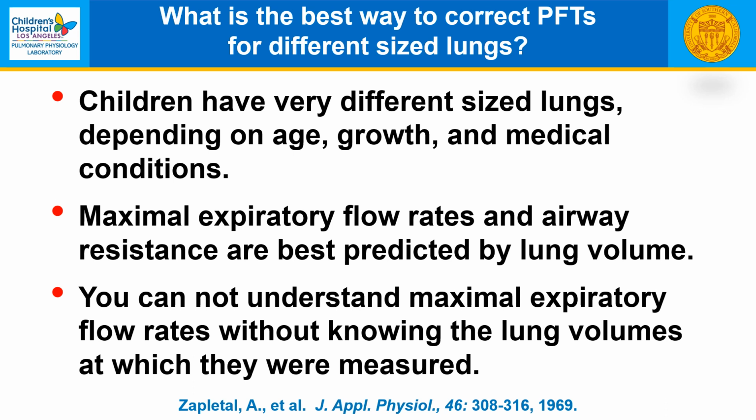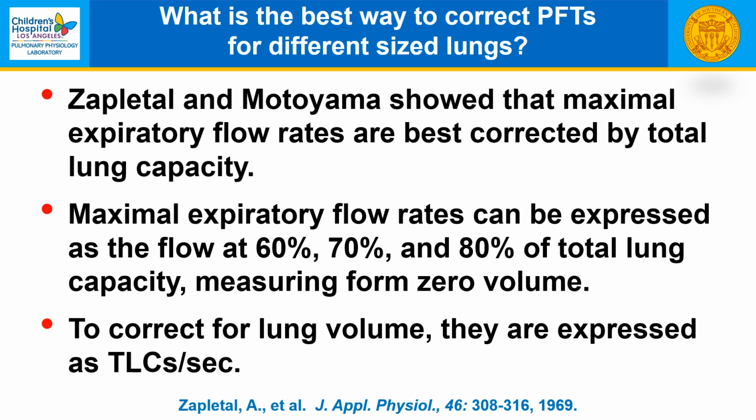Zapletal and Motoyama did a study, and they showed that maximal expiratory flow rates are best corrected by total lung capacity. Further, they said one can express maximum expiratory flow rates as the flow at 60, 70, and 80% of total lung capacity, measured from 0 volume. And then to correct for lung volume, they are expressed as TLCs per second.